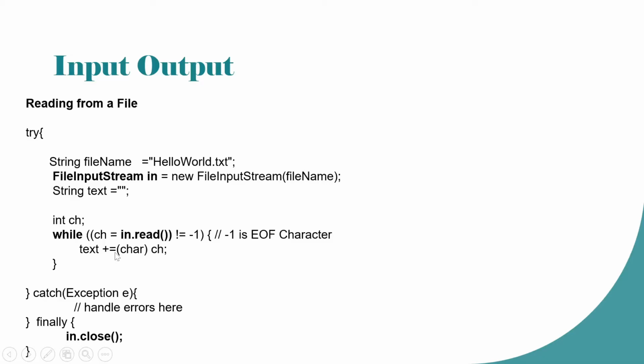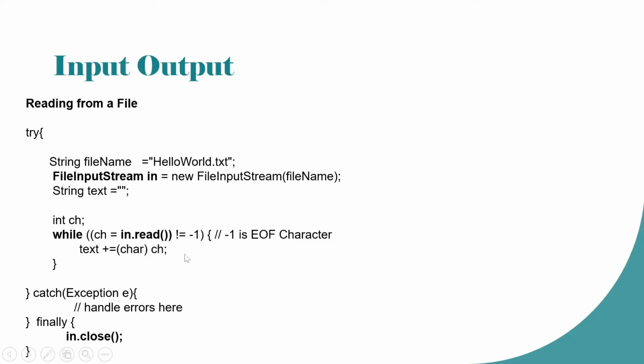In movies, they typecast an actor to be the villain, and then they typecast another actor to be the hero. So here we are typecasting this variable ch, the number, to turn it into a character. And when we have a character, we can then add it to the string.